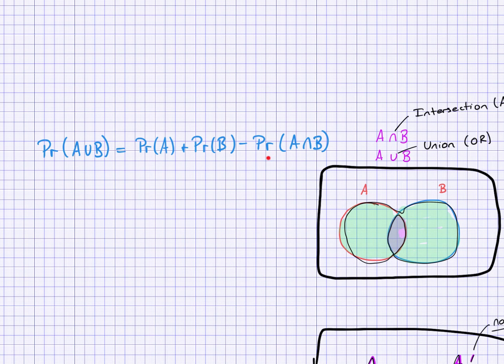So I have to subtract it out once to make sure I only get it once. All right? This is called the addition rule. Okay, and it is a way of calculating the union of two sets. All right, it applies in all situations and is always true.